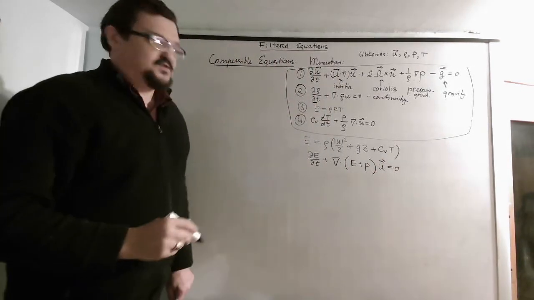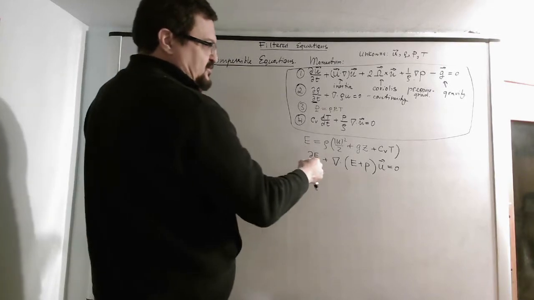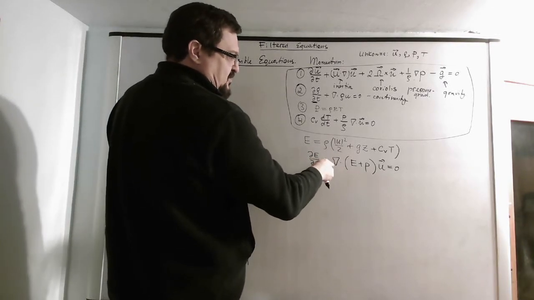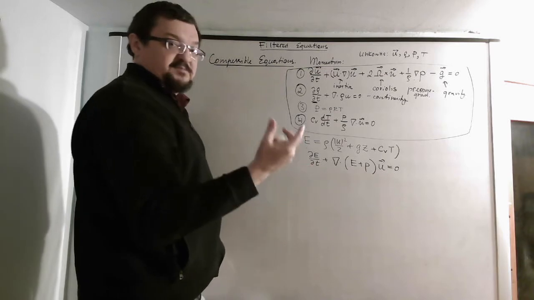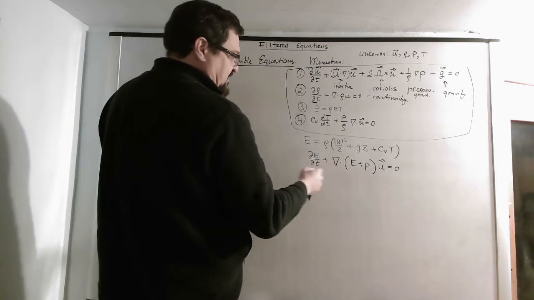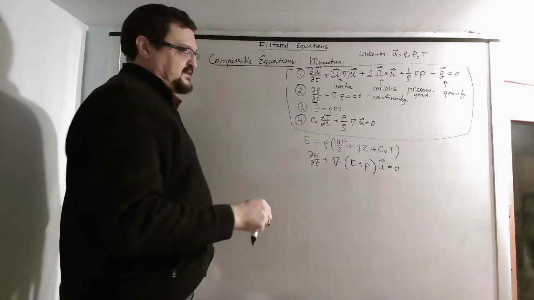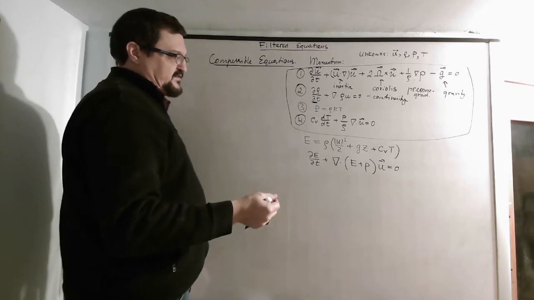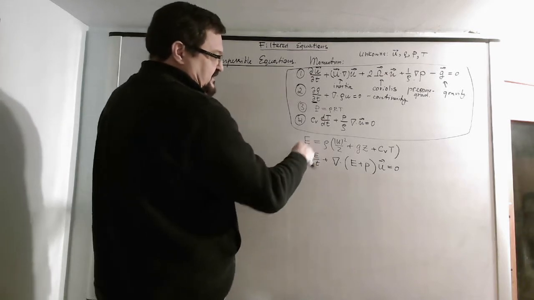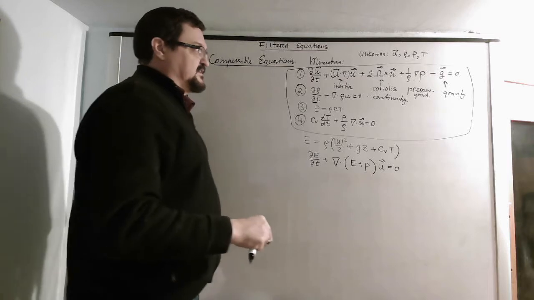So energy is conserved. When you integrate it over the whole domain, you know that the integral of a divergence, if you have a periodic domain, will disappear, as we showed when we discussed conservation properties. Then the total integral of energy is conserved.